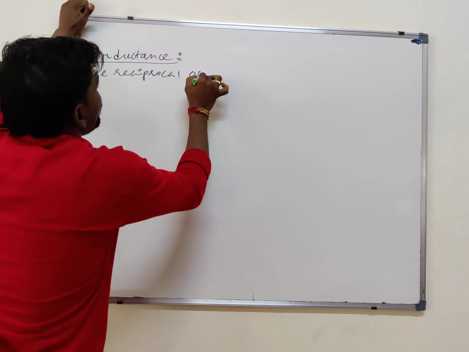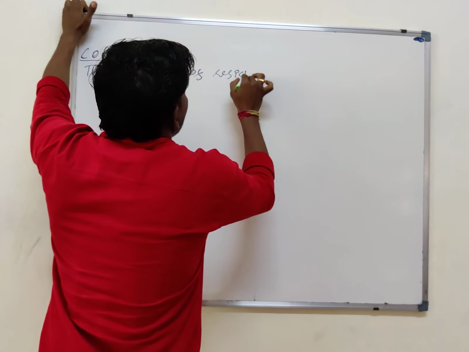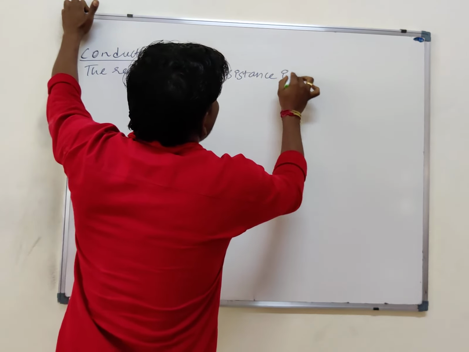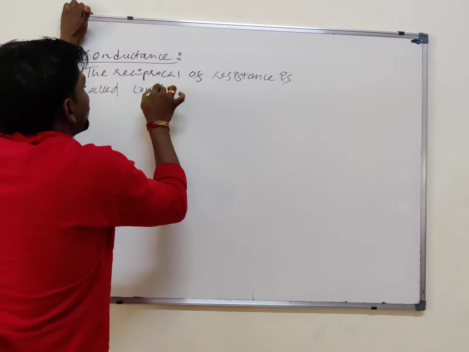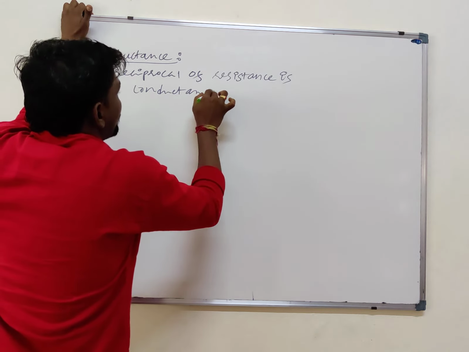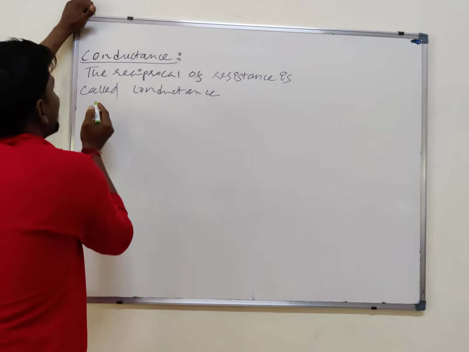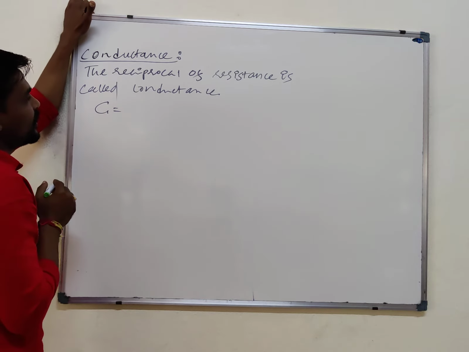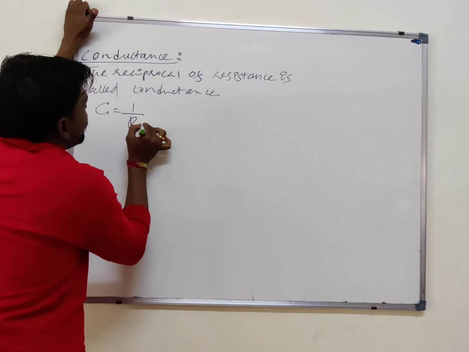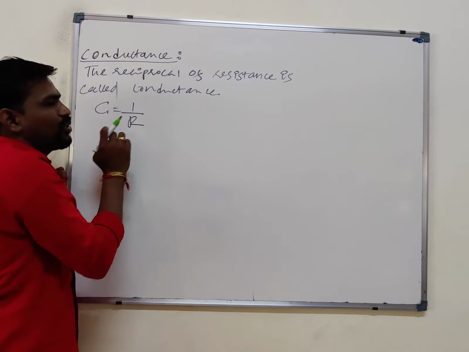The reciprocal of resistance is called conductance. Here I am going to take conductance as C. So the reciprocal of resistance is conductance.